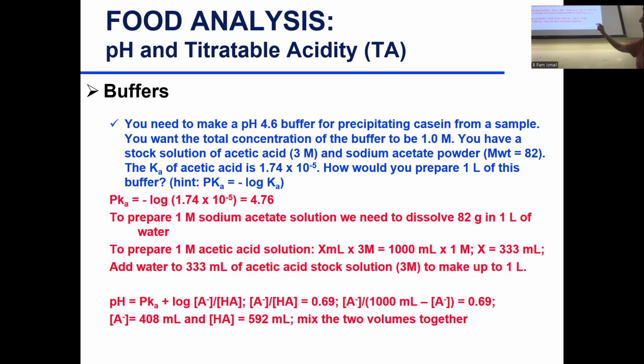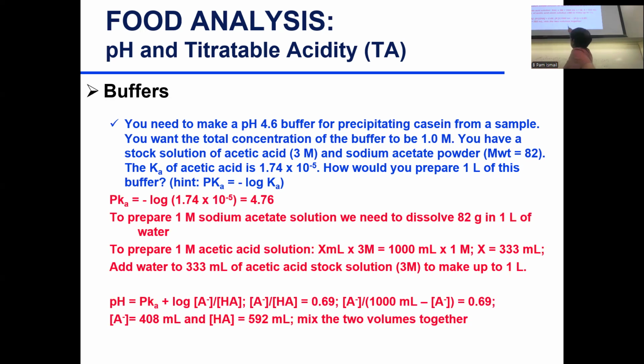So the ratio of the conjugate base to the acid would be, instead of putting a molarity here, we'll put the final volume. And then we will determine how many milliliter we need from conjugate base and how many milliliter we need from the acid.